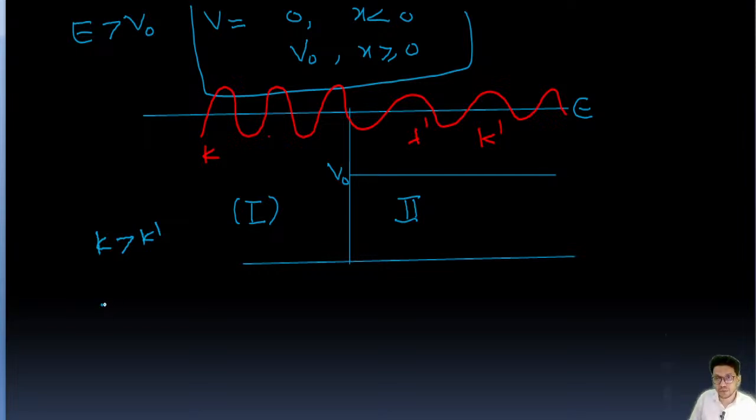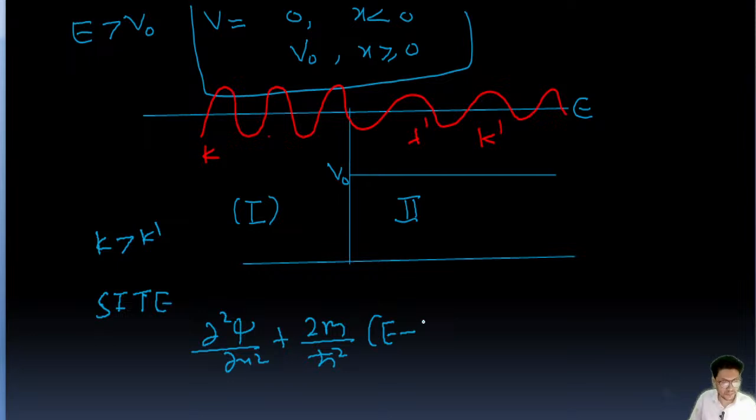So we know Schrodinger's time independent equation, right? That is d square psi upon dx square plus 2m upon h cut square, E minus V, psi equal to 0, right?